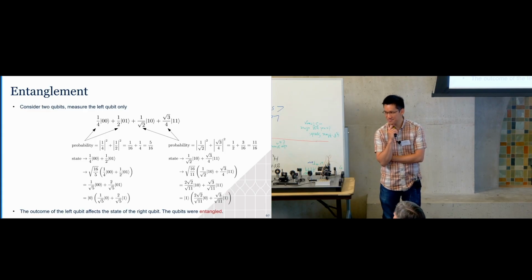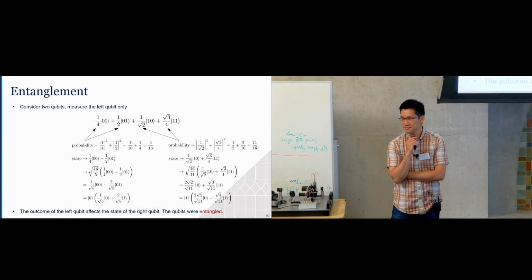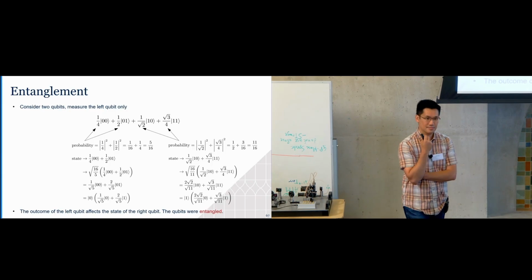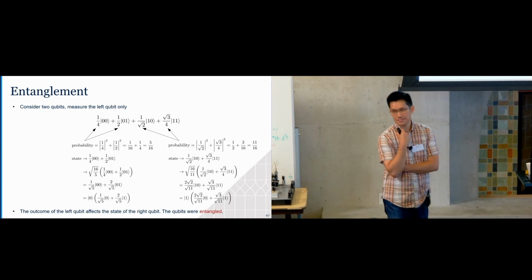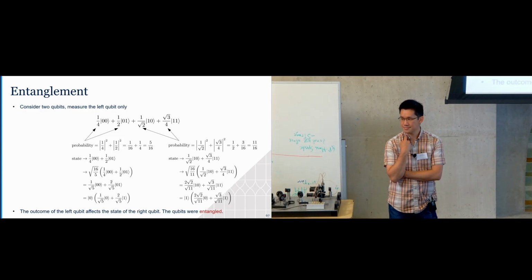The way that I explain this to my students is that if you measure one qubit, it tells you something you didn't already know about the other qubit. And I think that works pretty good. I do want to caution one thing in terminology, which occasionally people do when talking about entanglement.